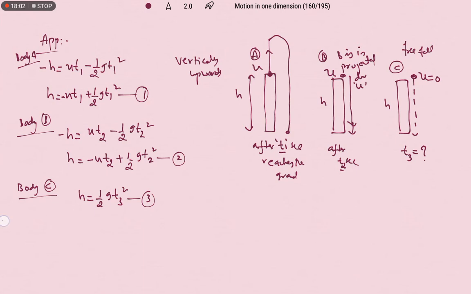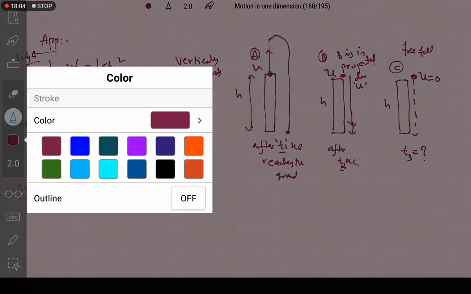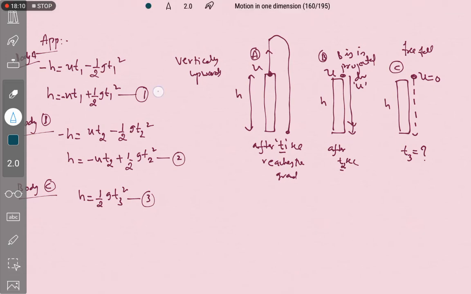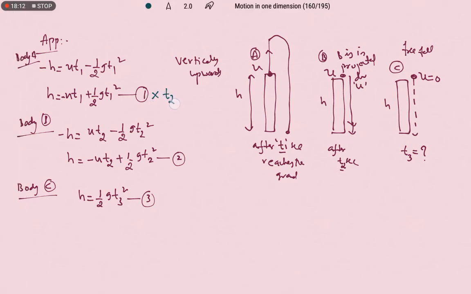So now to simplify this, I am going to multiply expression 1 with t2 and expression 2 with t1, and then add the two expressions.